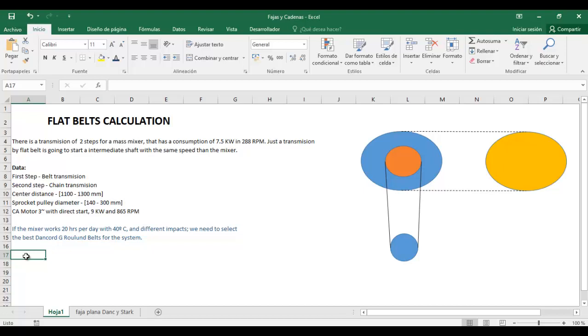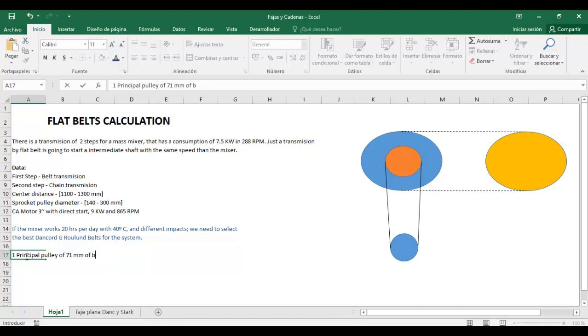So our first answer is we have one principal pulley of 71 millimeters of belt width.